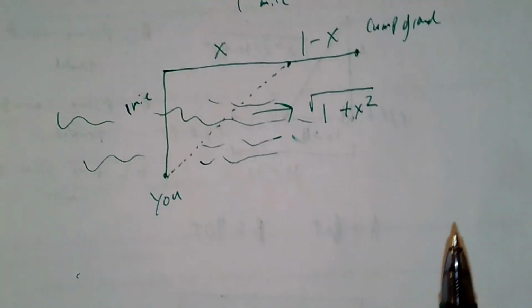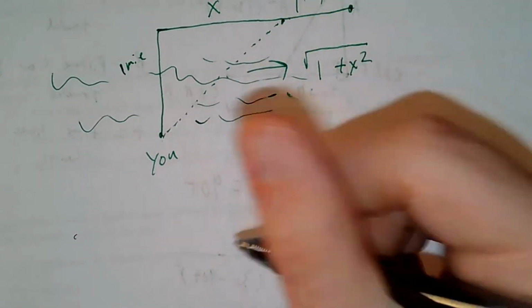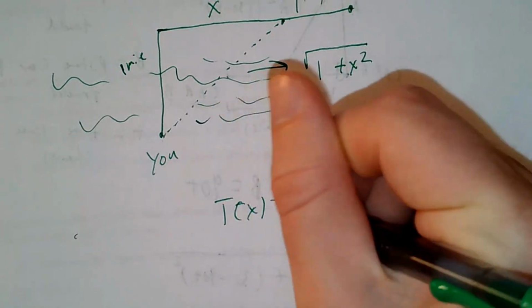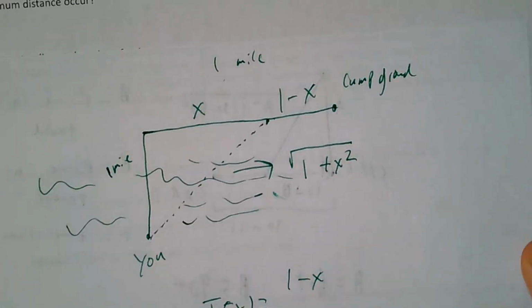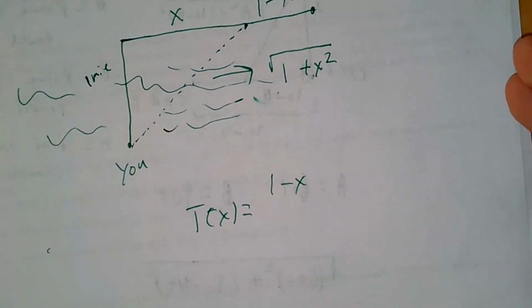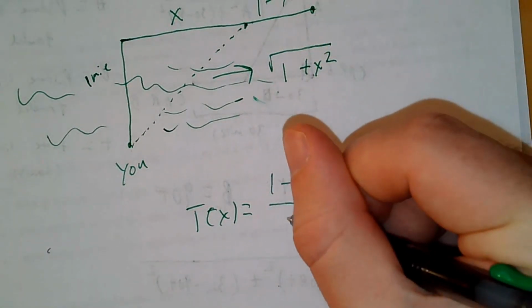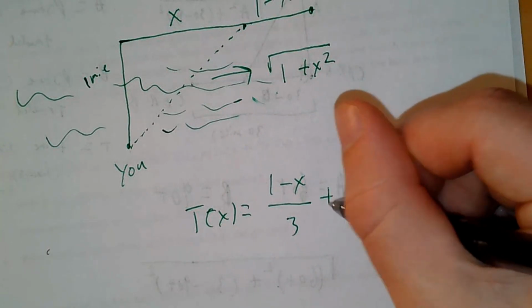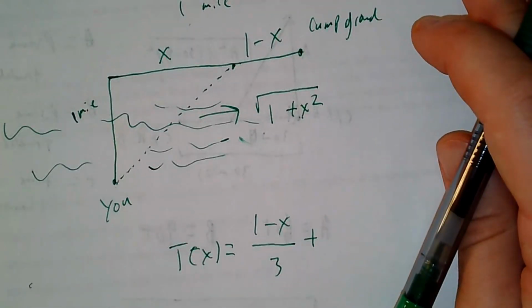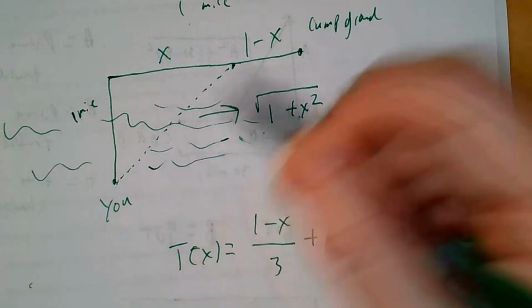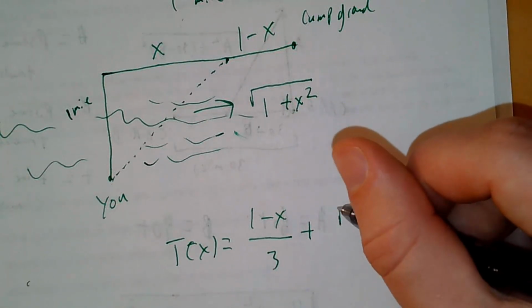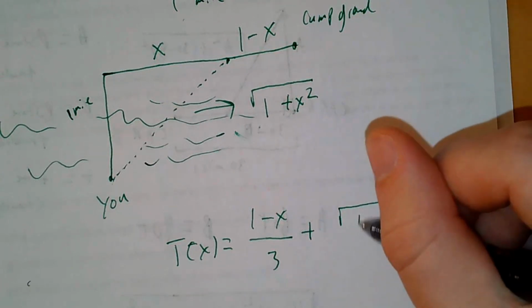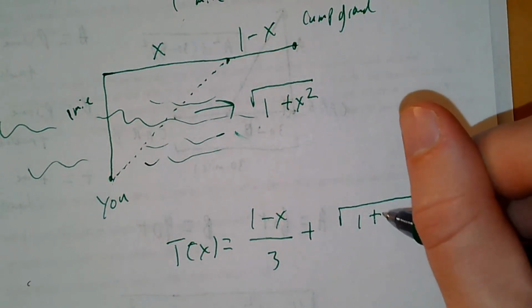So the total time, t of x, is going to equal that 1 minus x, whatever this distance here is, divided by 3, because we're going at 3 miles an hour, plus this distance right here, root of 1 plus x squared.